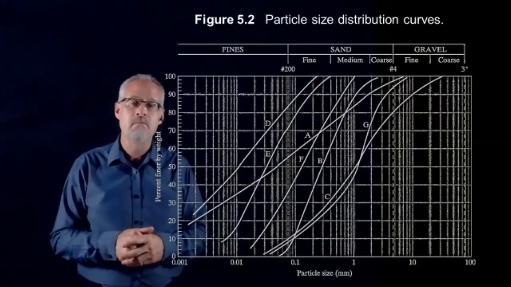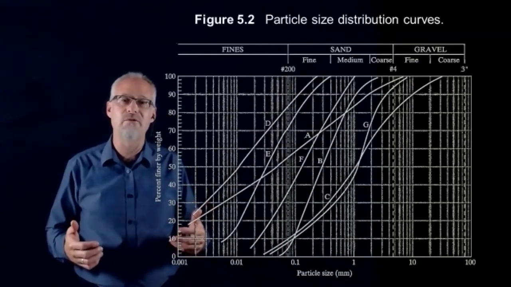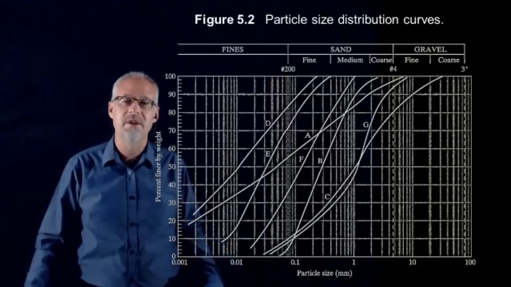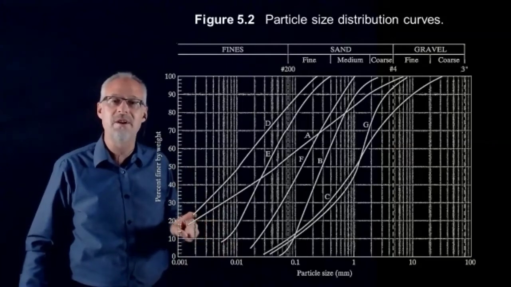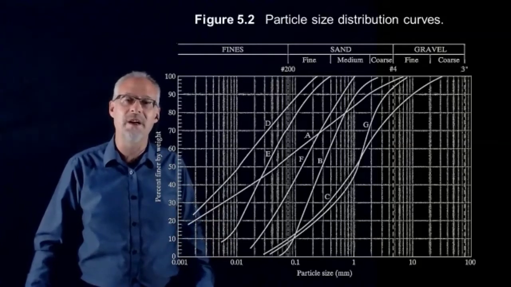There are some soils where it takes so long for the particles to settle out of suspension that people just stop the test. They say, okay, this is our last data point, and all we can tell you is that there's 20%, 22% more of that soil that was still in that solution that we just didn't have time or patience to figure out what was in it.